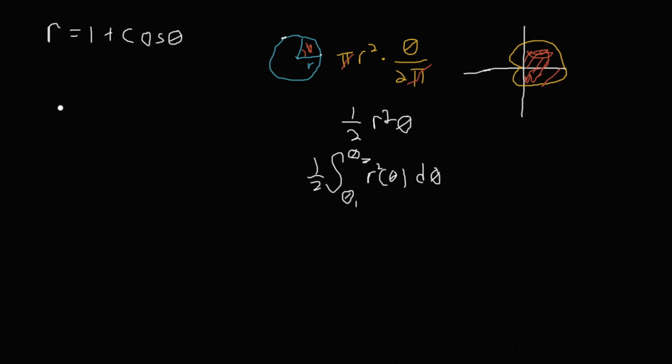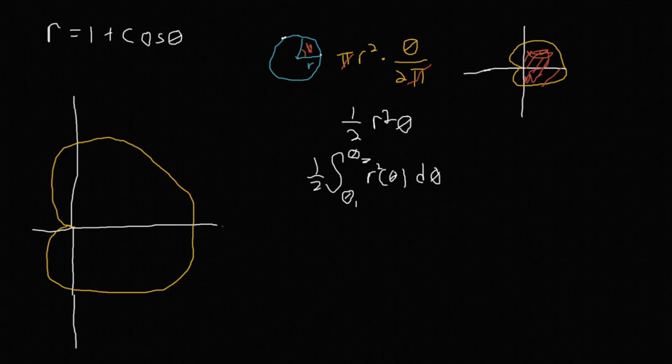Because if we had some generic function, I'll enlarge the picture on the right. When we wanted to find the area of this, we could start by just saying, let's find the area of this using our formula like this, and we can imagine this is just some tiny d theta.